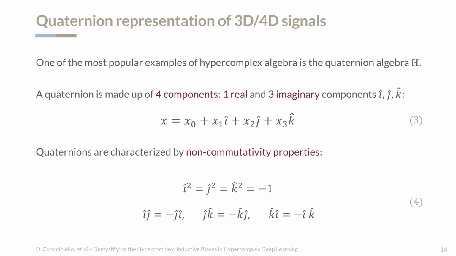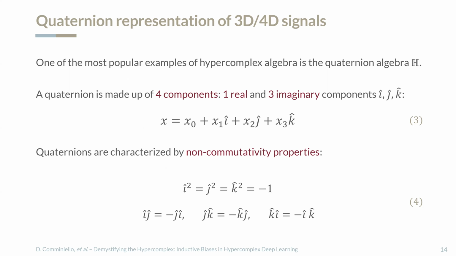But of course, we can have some kind of results from the study of Hamilton, and actually we can exploit it. And so how to build a quaternion representation for a multidimensional signal? Actually, in a quaternion, we have one real component and three imaginary units.